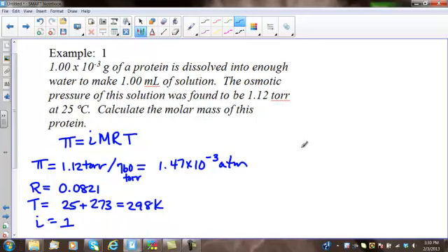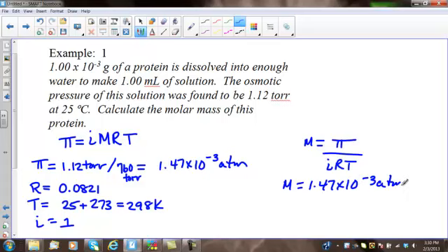So if I'm solving for M, it's going to be equal to pi divided by iRT, which we really don't have to put the i. So M is 1.47 times 10 to the minus third atm divided by 0.0821 and 298 Kelvin.